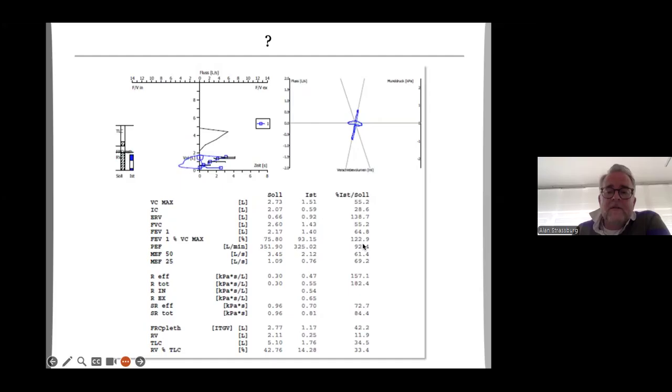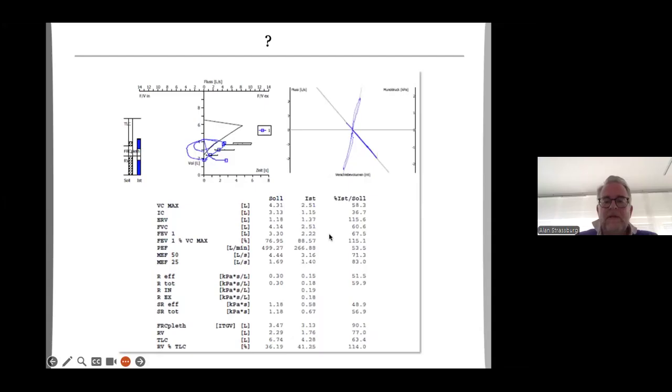Usually you find, according to the decreased total capacity and vital capacity, a decrease in the FEV1 as well. That is not because there's an obstructive ventilation disorder, but because those patients that have got a decreased total lung capacity will then have a decreased FEV1 as well. But this is a patient with a restrictive ventilation disorder.